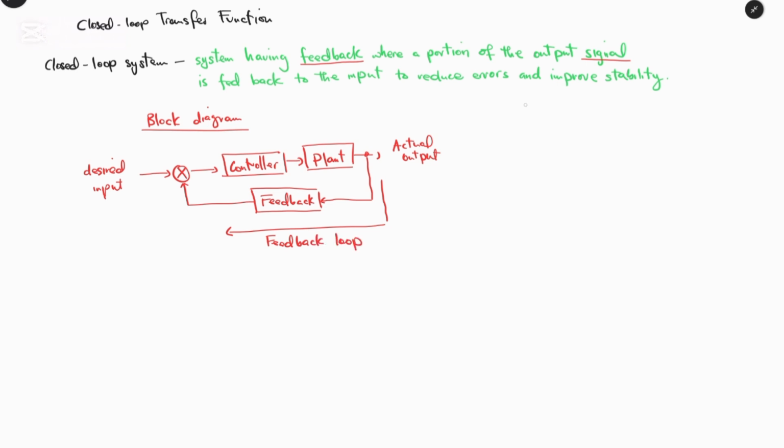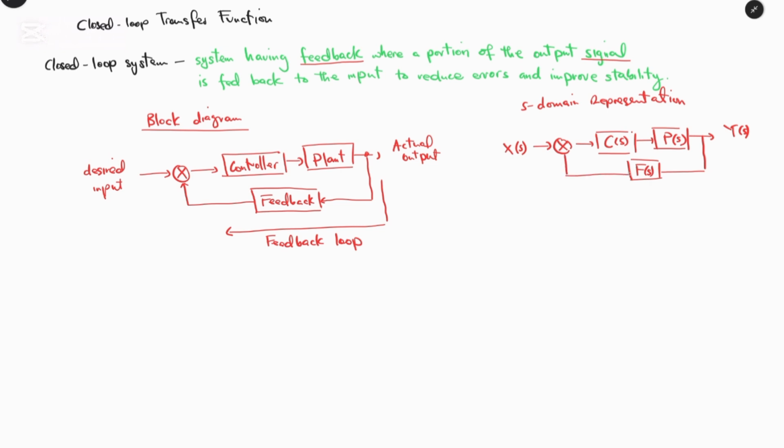Now by applying the S domain representation, we can say X of S goes to the comparator, to the controller, let's say C of S, and the plant P of S, and we have the Y of S, and we can say F of S represents the feedback in our system.